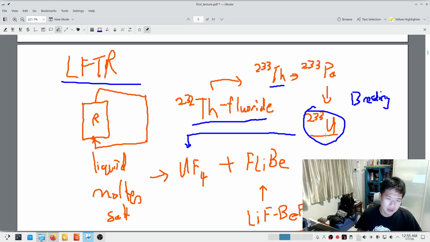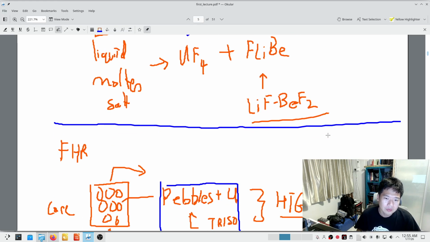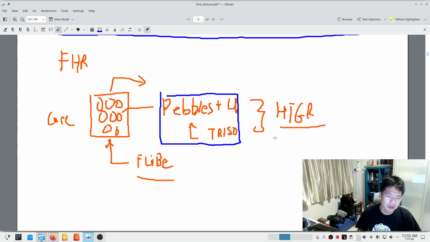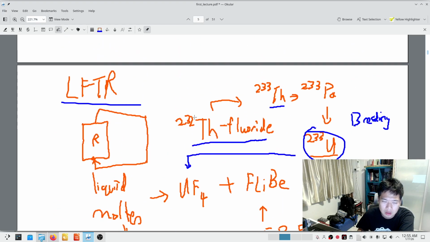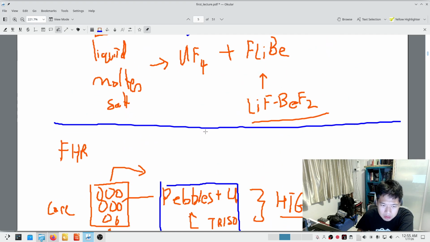All that fuel is liquid, whereas over here the fuel is in a solid form. For the FHR, the objective is not necessarily to breed fuel using thorium pebbles.